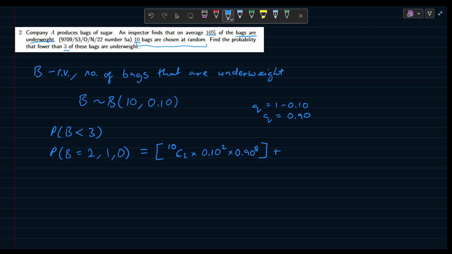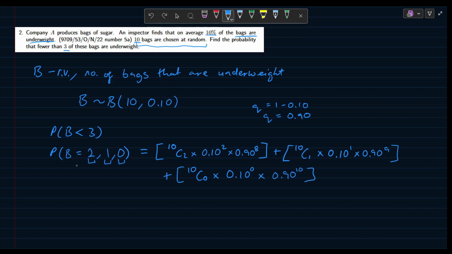Okay, and then that's 2, so let's evaluate 1. 1 is going to be 10 choose 1, multiplied by 0.10 to the power 1, multiplied by 0.90 to the power 9, plus, let's do 0, that's going to be 10 choose 0, which is the same as 1, multiplied by 0.10 to the power 0, which is going to be 1 as well, multiplied by 0.90 to the power 10.